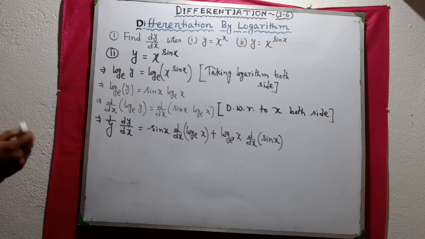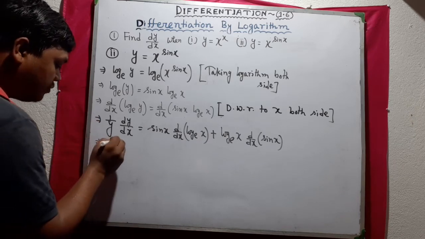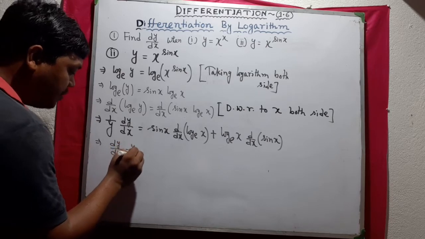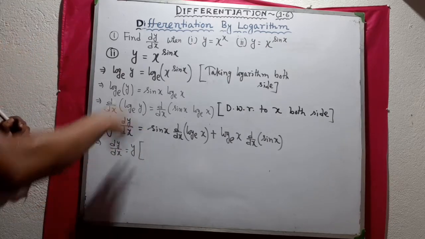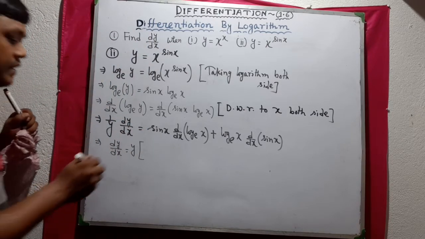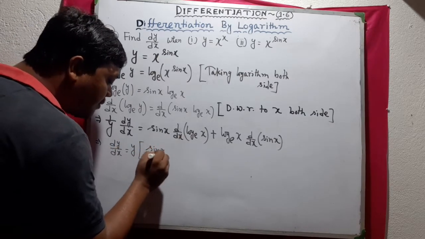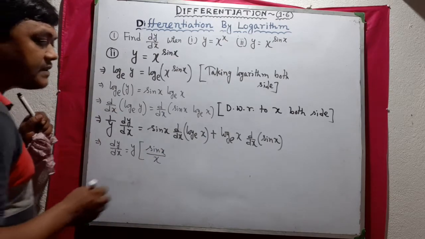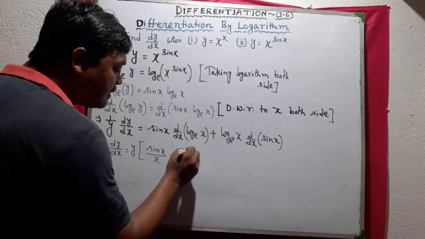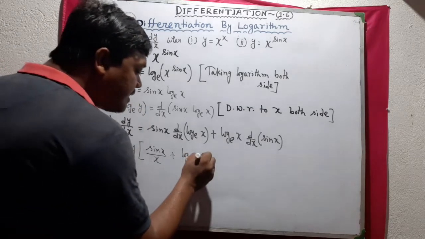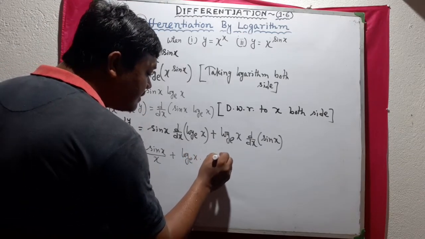And now dy dx equals y into, I multiply y to the right hand side, so sin x, log x's derivative is 1 by x, so that is sin x by x, plus log x base e d/dx of sin x, that gives cosine x.